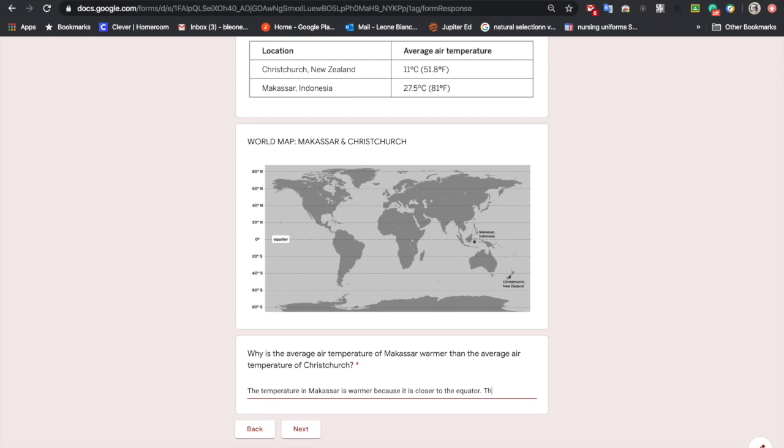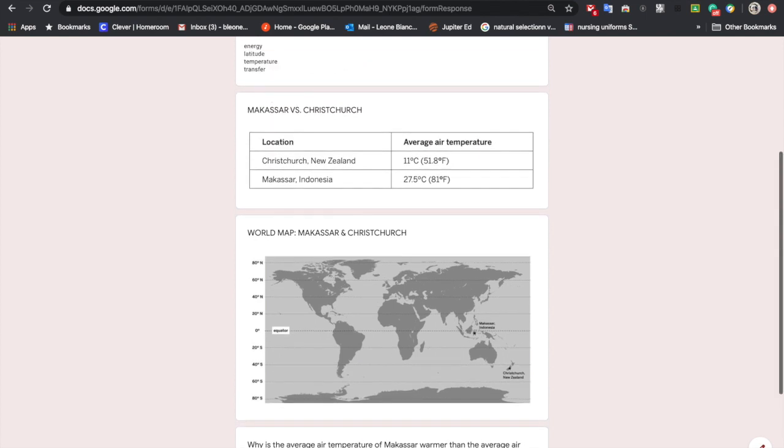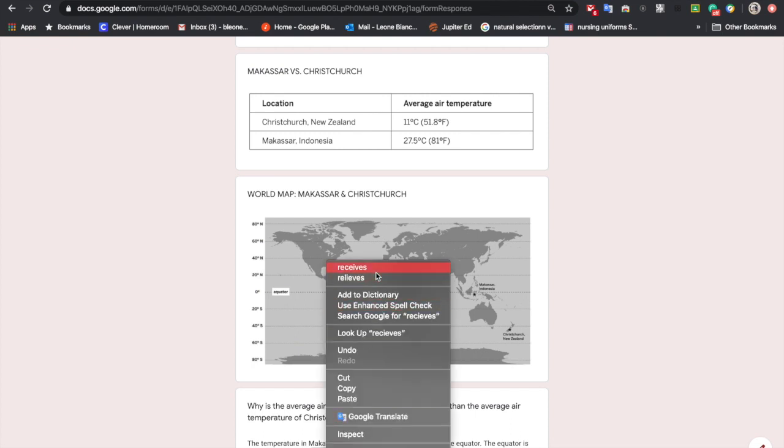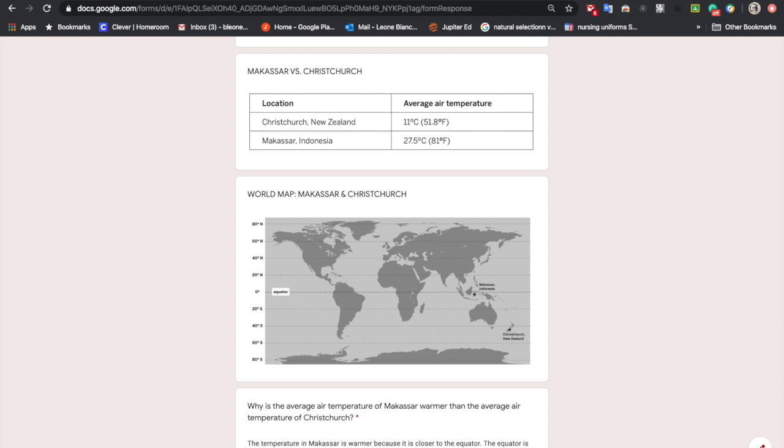I can write the equator is the latitude line. Again, latitude is one of the vocabulary words that receives the most sunlight, comma, or energy.